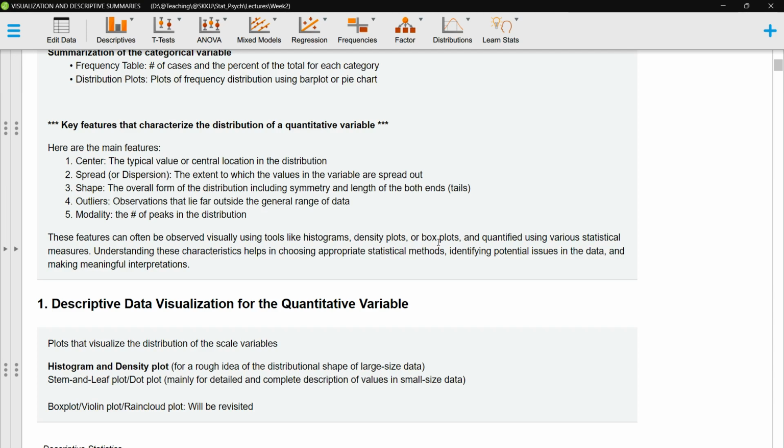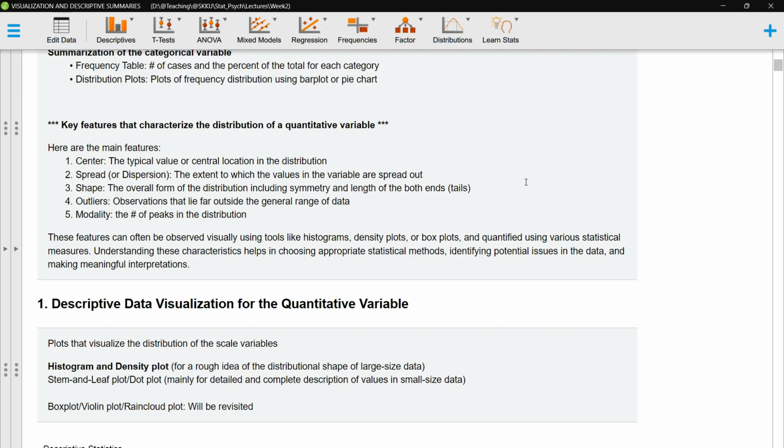And we will look at the numeric values, the statistical measures related to these features. Okay, let's go to the first thing: what are the plots that can visualize these features for the quantitative variable.